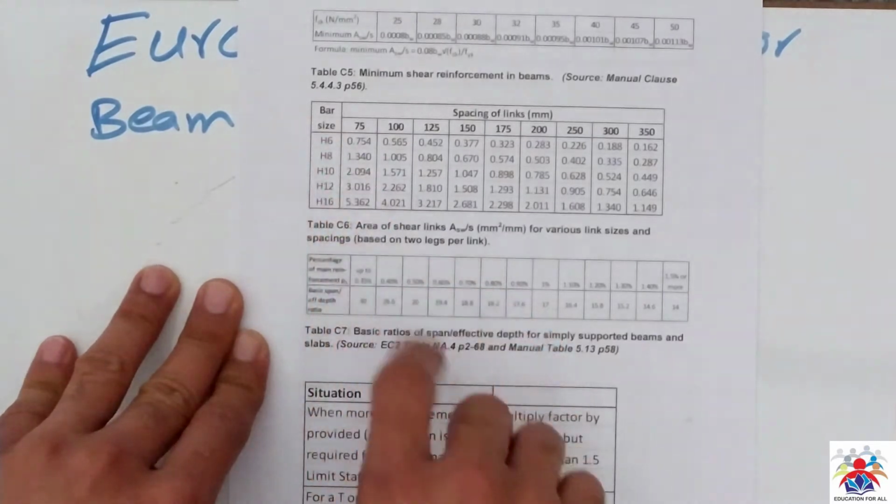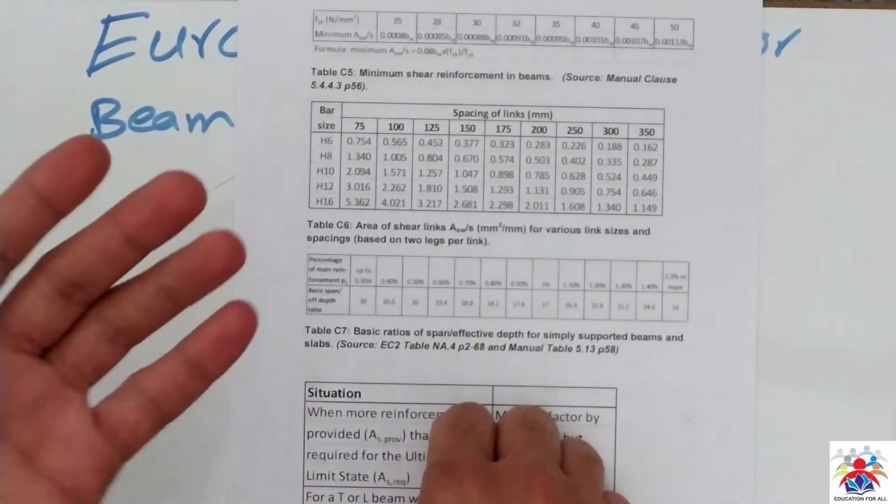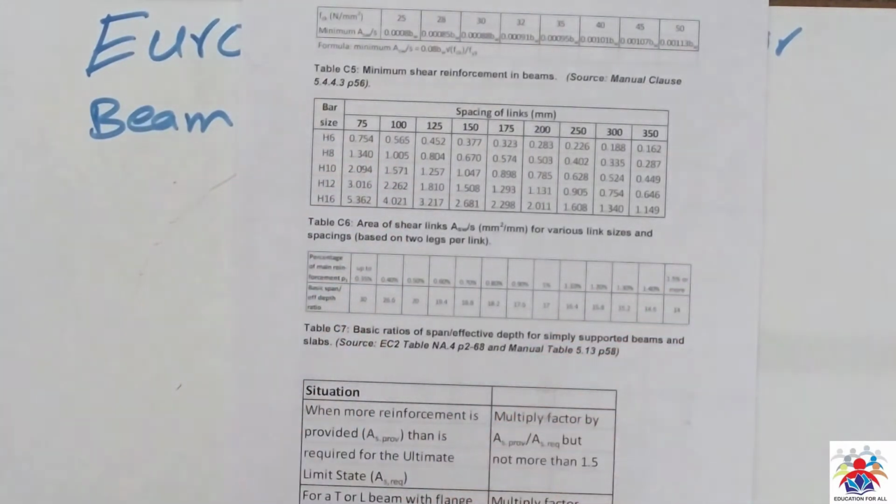For example, if you are using H6 bars, then the link spacing would be 75 millimeters each. Links are normally used in our reinforcement before pouring the concrete, for example.